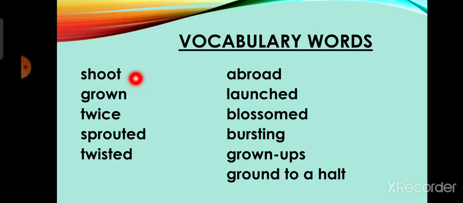On this slide, the first word is shoot. Shoot is a very young branch that comes out from the soil. Grown. Grown is the third form of verb.